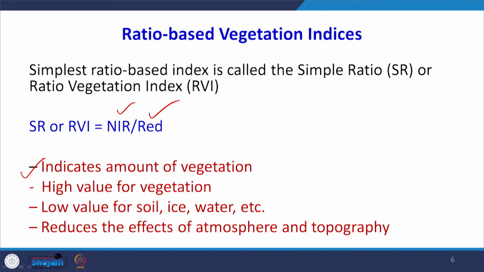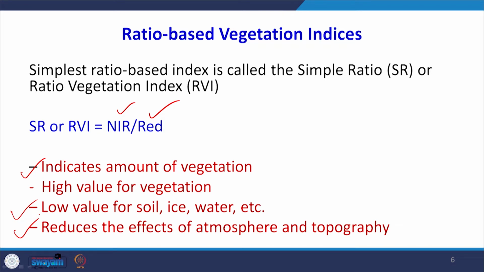The higher values will be associated with green vegetation cover, while lower values indicate the vegetation cover is not that dense and is towards the soil category. Then low values will be soil, ice, water. Low values of this ratio vegetation index will represent these features, and the important thing is that it will reduce the effect of atmosphere and topography.